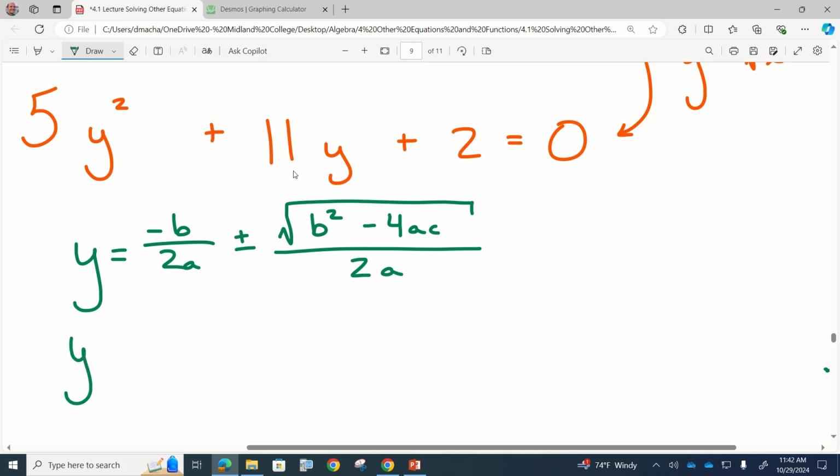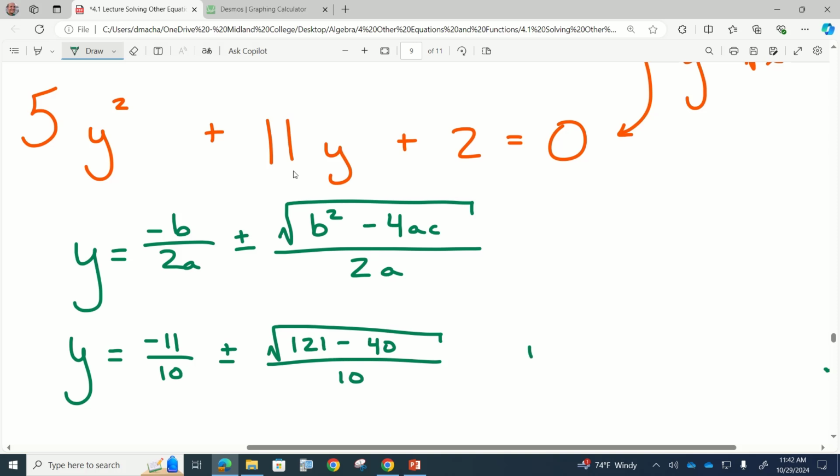And that gives me negative 11 over 10 plus or minus the square root of b squared, that's 11 squared, minus 4 times 5 times 2, over 10. And so I've got two solutions to this quadratic equation in terms of y. One is negative 11 over 10 plus or minus, I'm thinking to myself, 121 minus 40 is 81.